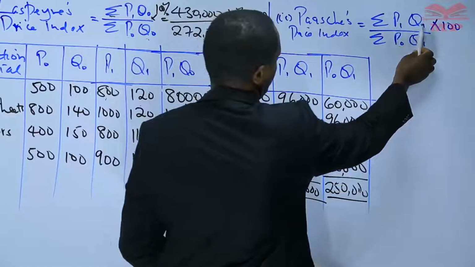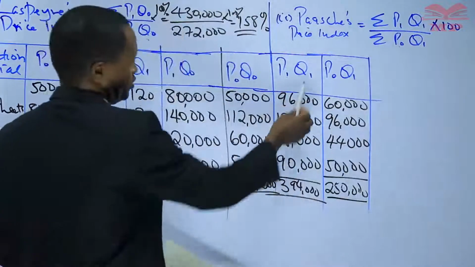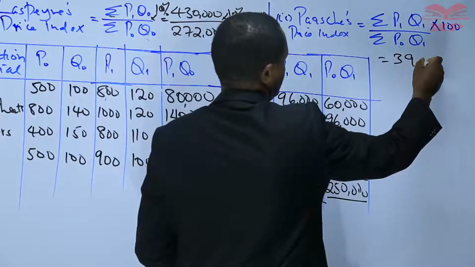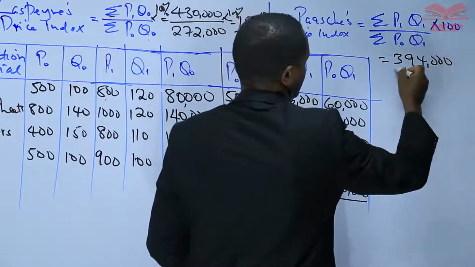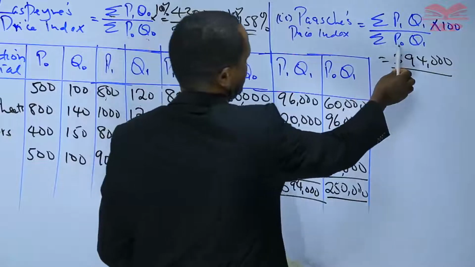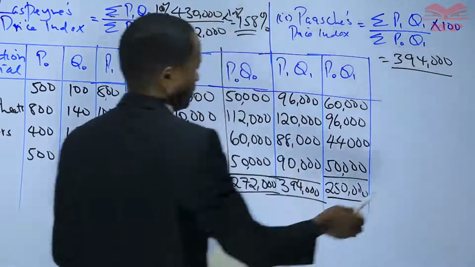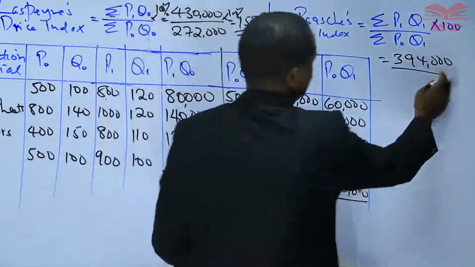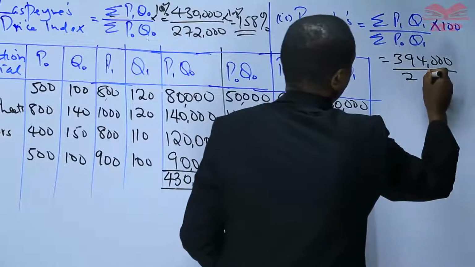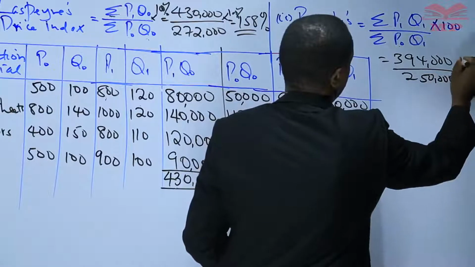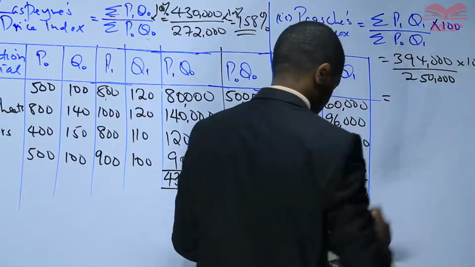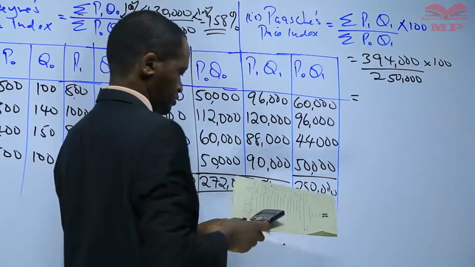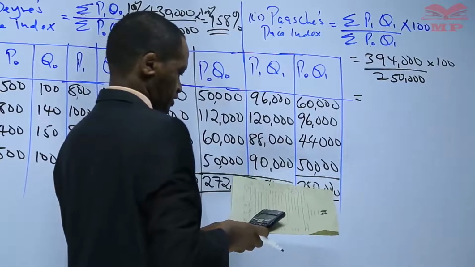Summation of P1 Q1 is 394,000. Divide by the summation of P naught Q1, 250,000. 250,000 times 100, so we divide 394 by 250.